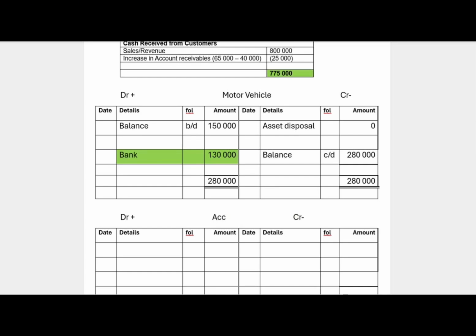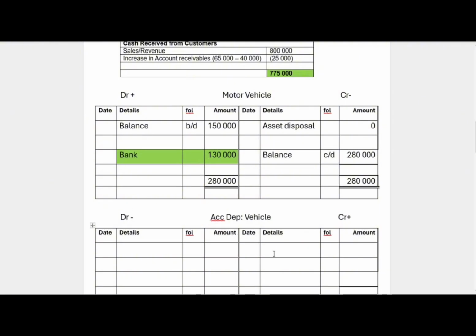Accumulated depreciation on vehicle or motor vehicle, no problem. And then remember, the accumulated depreciation account increases on the other side, which is this side, right? And decreases on this side.